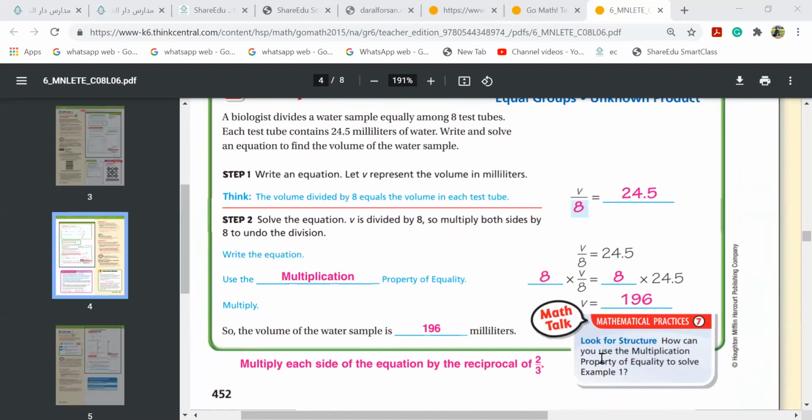Okay, write down this. I've shown you how 196 comes here. So please solve each and everything what I'm doing on the white screen, okay?